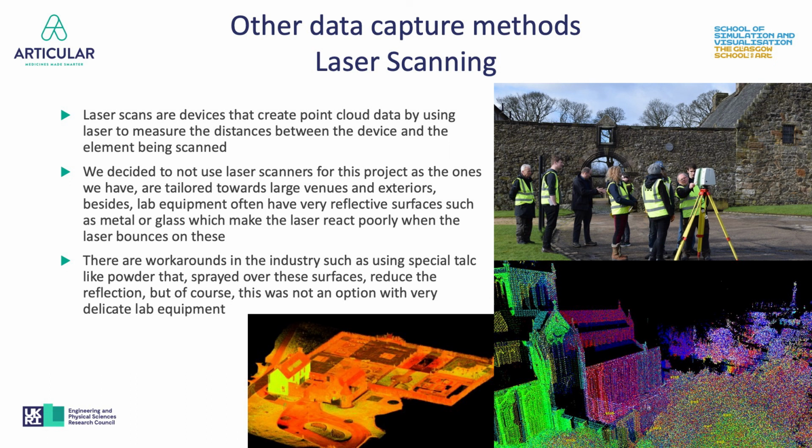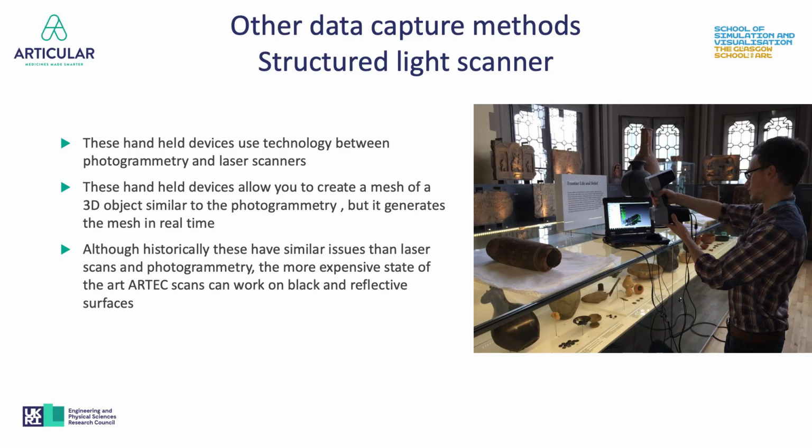It's a bit challenging to do laser scanning on reflective objects. The laser bounces differently on reflective and non-reflective surfaces. You could work around that, of course, using a special powder to spread over the reflective surface. But of course, doing that on very expensive lab equipment would not be a very wise decision.